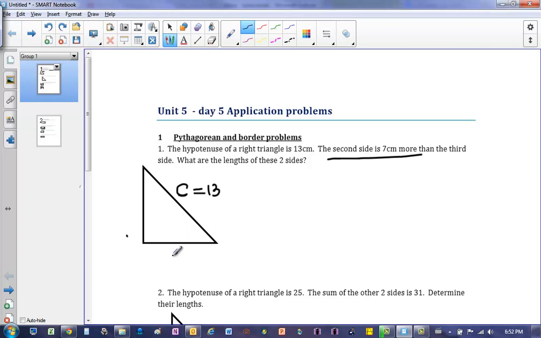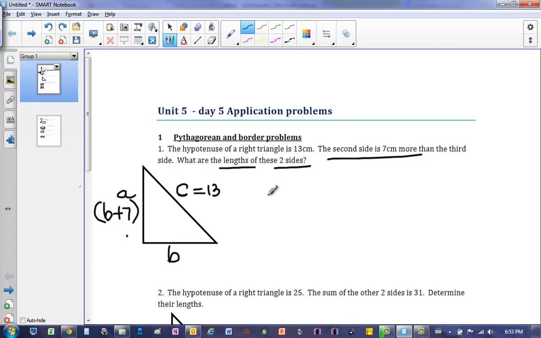Let's say this side is B and this side is A. The side we label as A is 7 centimeters more than B, so we could write it as B plus 7. We are asked to find the length of these two sides.